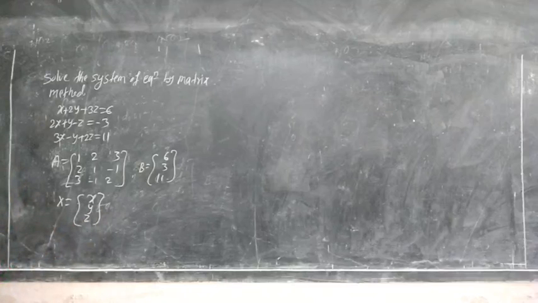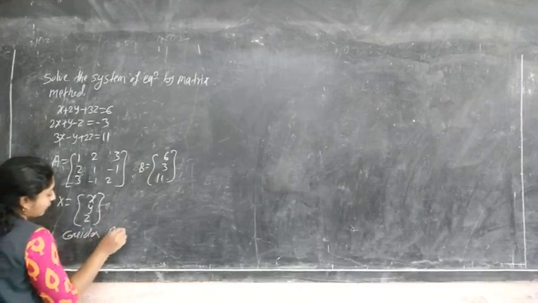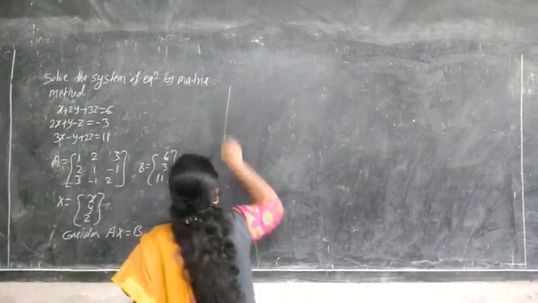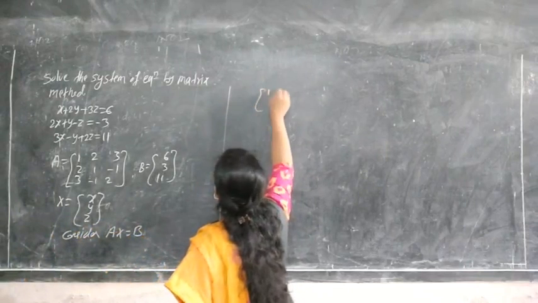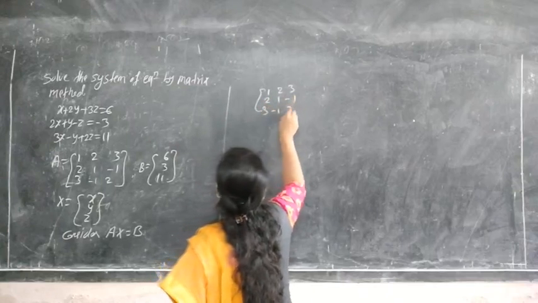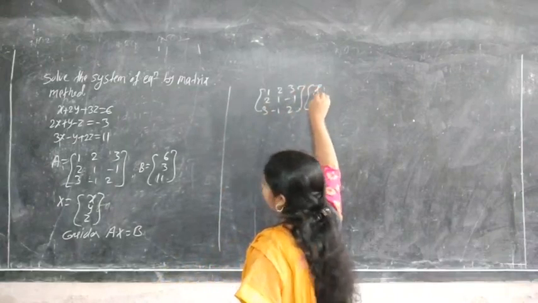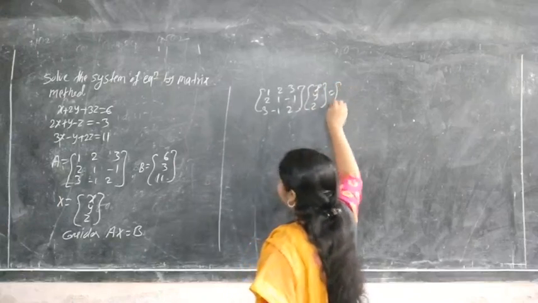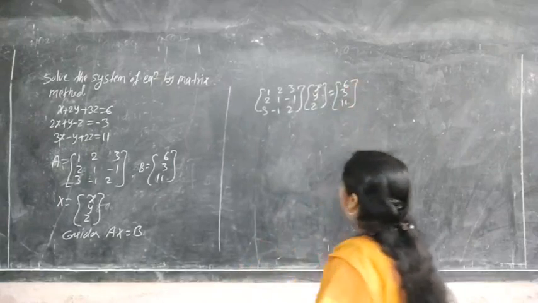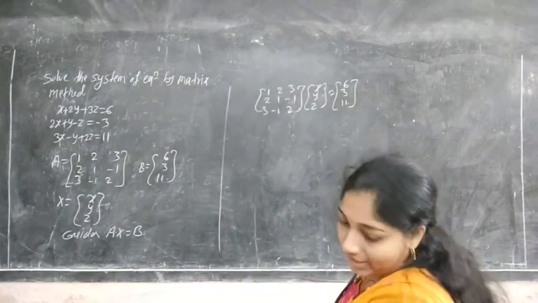Now consider AX is equal to B. Matrix A is 1, 2, 3, 2, 1, minus 1, 3, minus 1, 2, into the matrix X, that is x, y, z, is equal to the matrix B, that is 6, 3, 11. Now apply the elementary transformation on matrix A and matrix B.